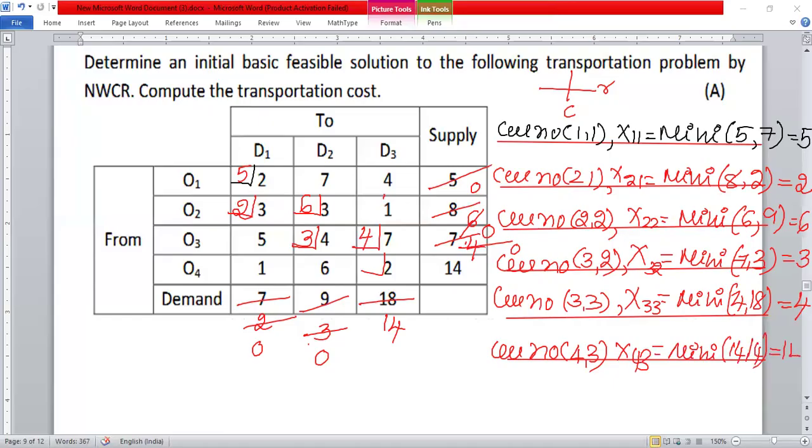Note it: for the last cell, we get the same number for both demand and supply. So everything we are doing is correct. The sum is almost over. The minimum is 14, here also 0. The problem is almost 60% done.